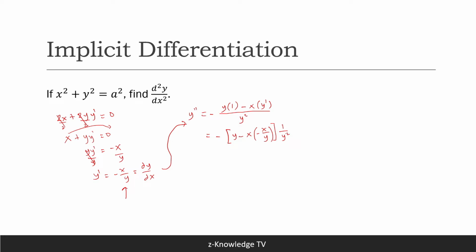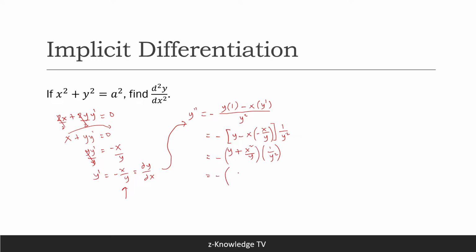So, simplify pa natin. So, mangyari, minus, so y plus x squared over y. Tama? So, multiplied by 1 over y squared. Okay, so ito is cross multiply.